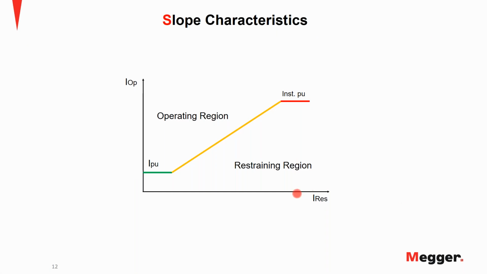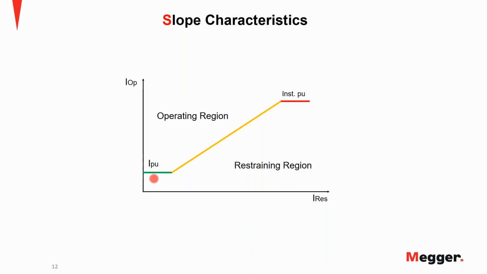In the slope characteristic, defined by the calculations of the operate and restraint current, we are based on analog current signals. We're going to read the relay from both windings of the transformer, and then we're going to have a minimum pickup point for the operate current setting.